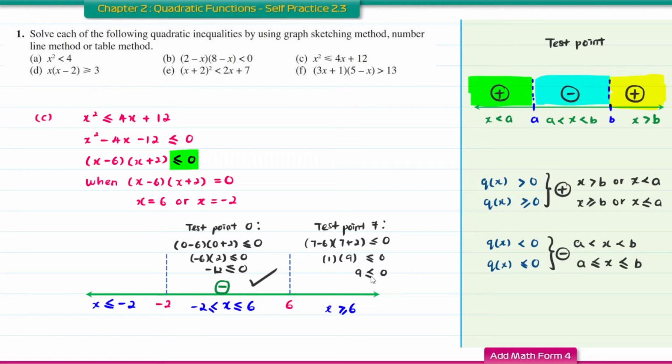So 9 is greater than 0. Therefore, this part here is not correct. Therefore, this region is not the solution for question C. And if you do it for x less than or equal to -2, you will find it is not correct as well. Therefore, the solution will be x greater than or equal to -2, less than or equal to 6.